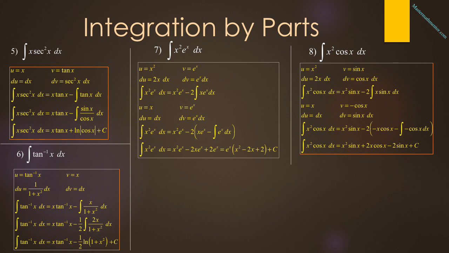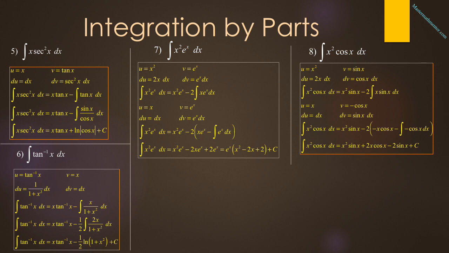To do this integral, we'll use integration by parts again. Again, the dv will be sine x, and v will equal negative cosine x. The u is x, and du is dx.